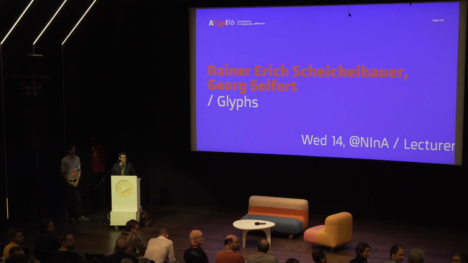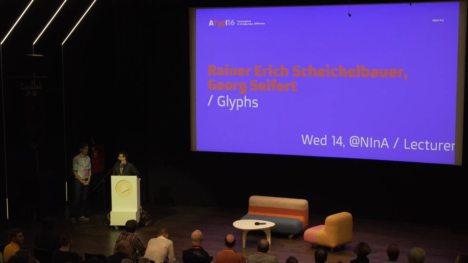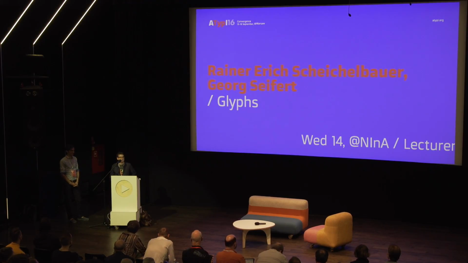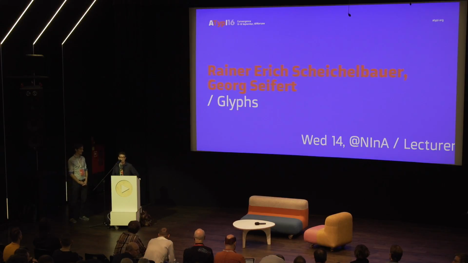Just one short question. What about auto-kerning? You will see some of that later today, I think. Also here, I think Toshi is going to present something, and there are some plugins available that help you with that.